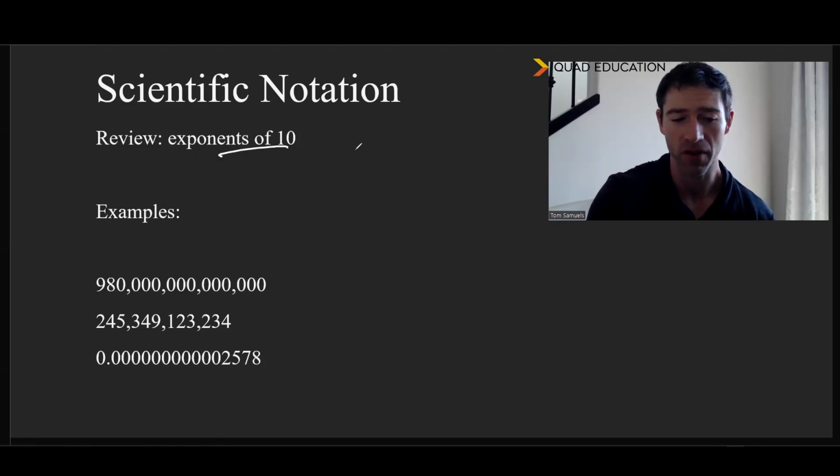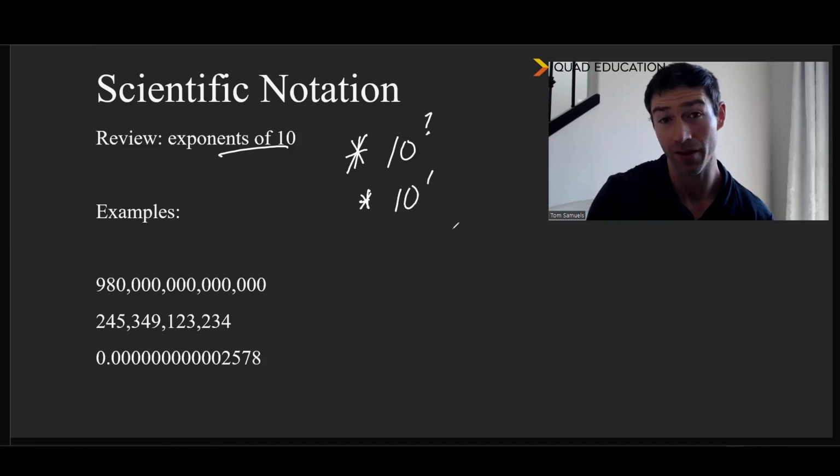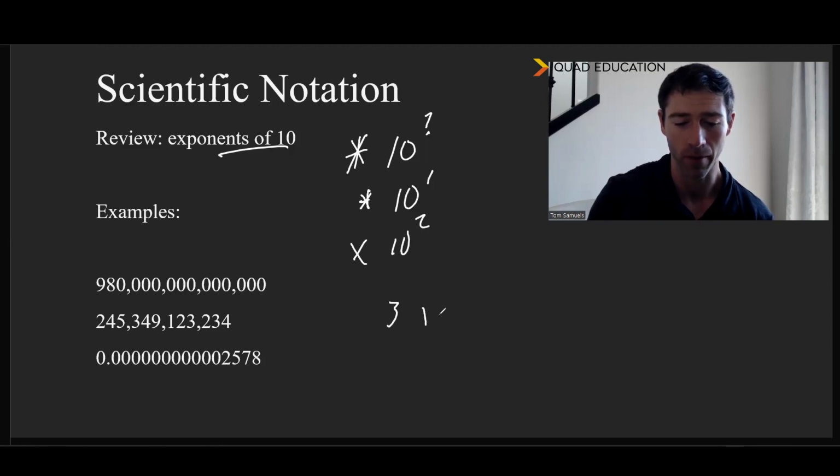Usually we'll see something in scientific notation like times 10 to the something. If that says times 10 to the first, that just means it's times 10. If it says times 10 to the second, that means we're multiplying by 100. So something like 3 times 10 to the 2 is just 3 times 100, which is 300.